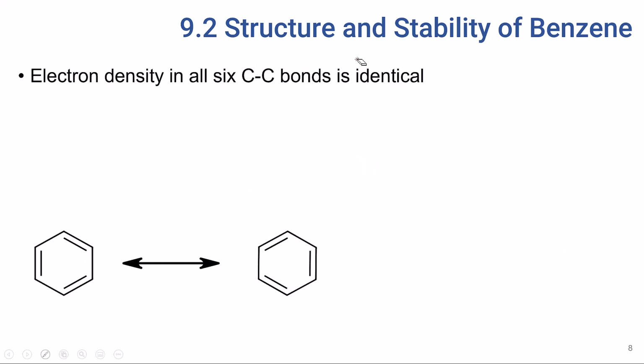The electron density in all 6 of these carbons is identical. Benzene is planar. The bond angles are 120. And each of the carbons has an sp2 and a p orbital that's perpendicular to the plane of the 6-membered rings.